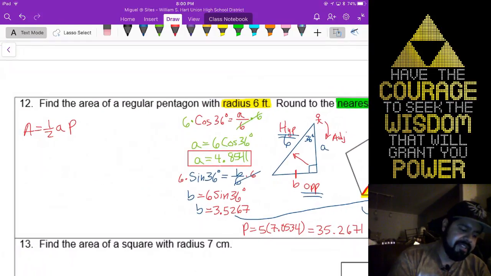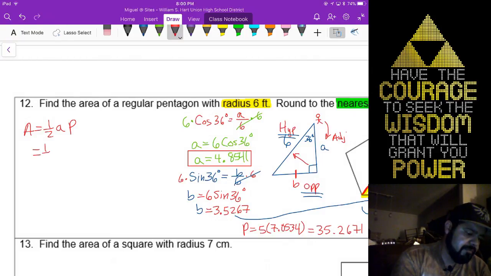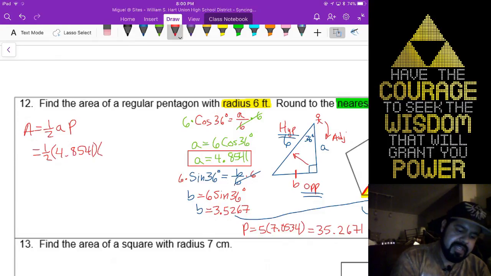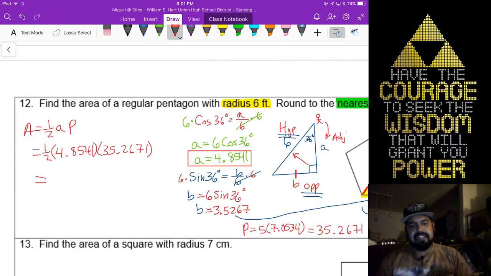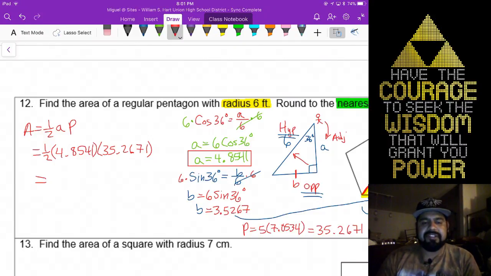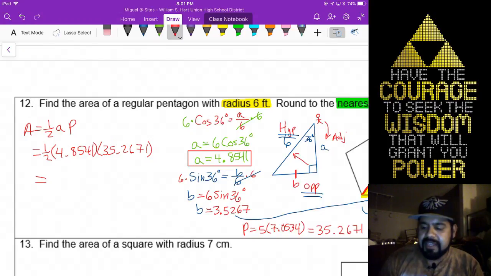It's always fun trying to see everything at once. 1/2 times 4.8541 times 35.2671. So again, just type it all straight in. Don't even try to do it one step at a time. Just type it all in.